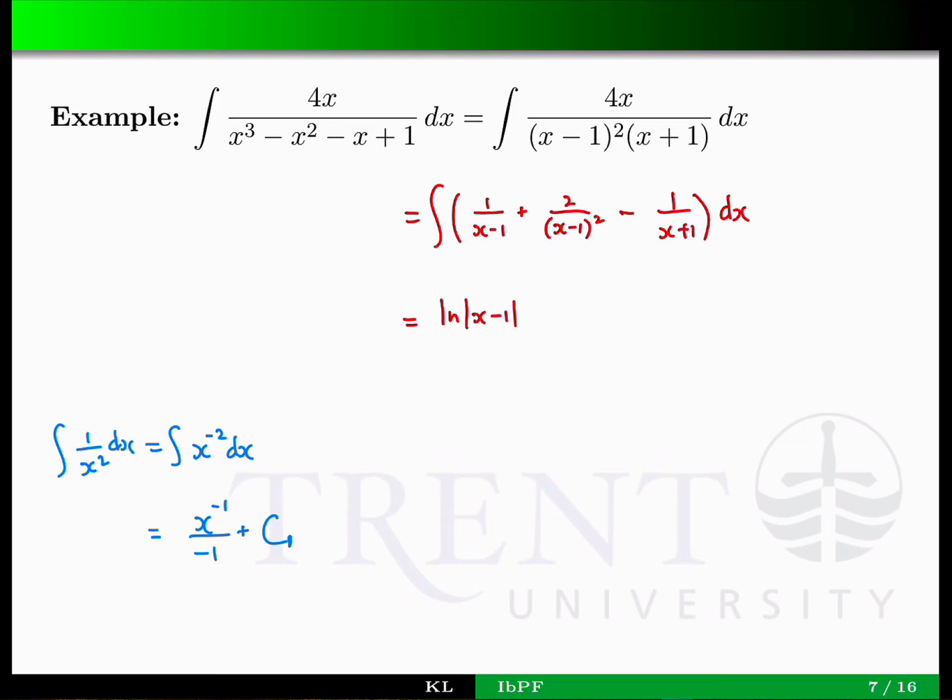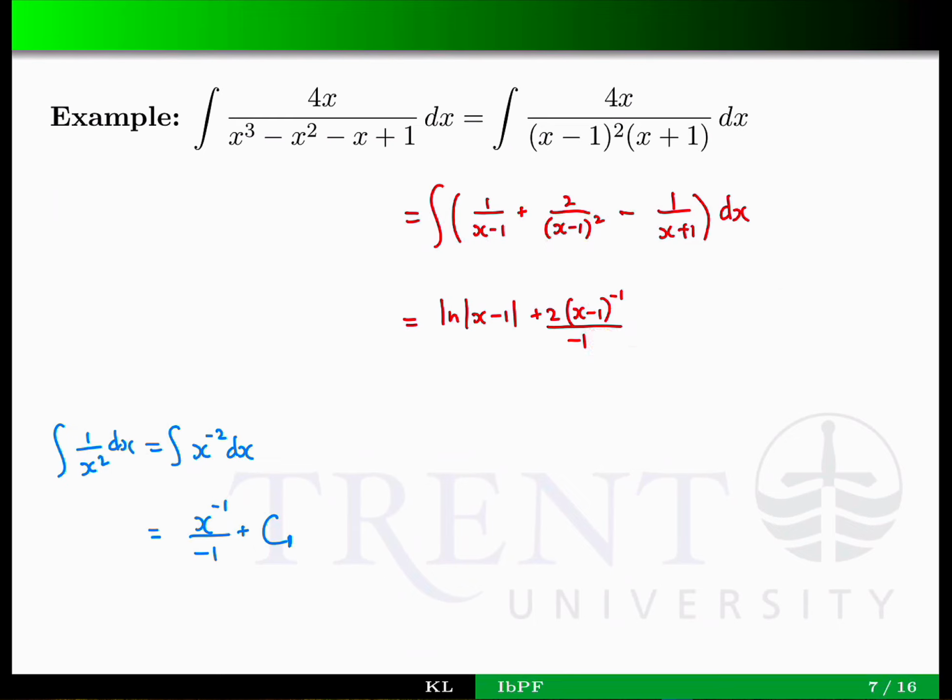But remember the remark, instead of x we have x minus 1. So this one, we skip the u substitution. This one will be plus 2 times x minus 1 raised to negative 1 over negative 1. And the coefficient here is positive 1. So technically, we will have to write the times 1 there.